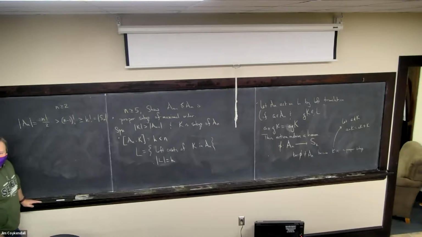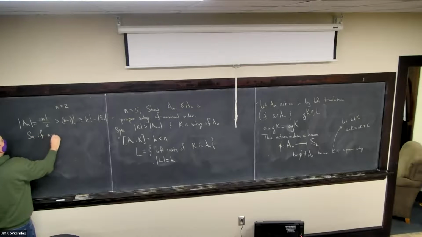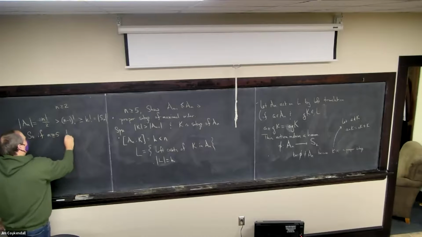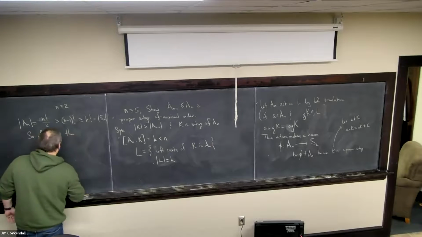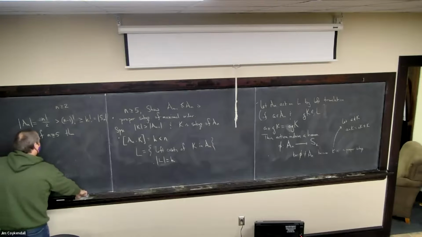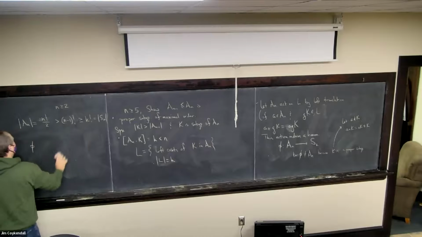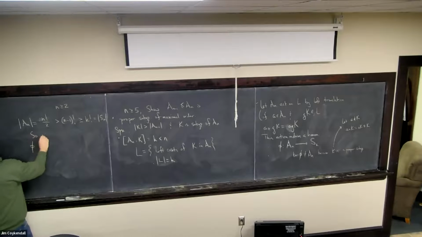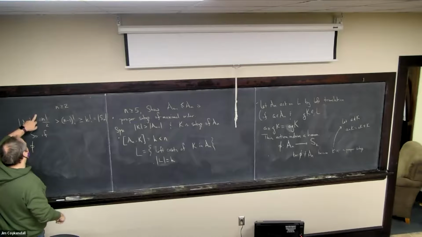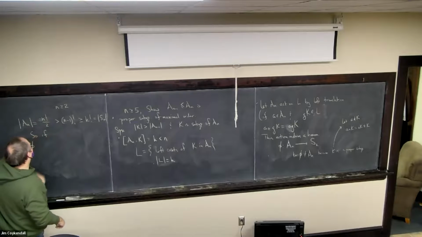Everybody agree with this? So if n, in fact, is greater than or equal to 5, then, and it's a tie here, isn't it? 2 factorial of 2, no, it's not a tie.